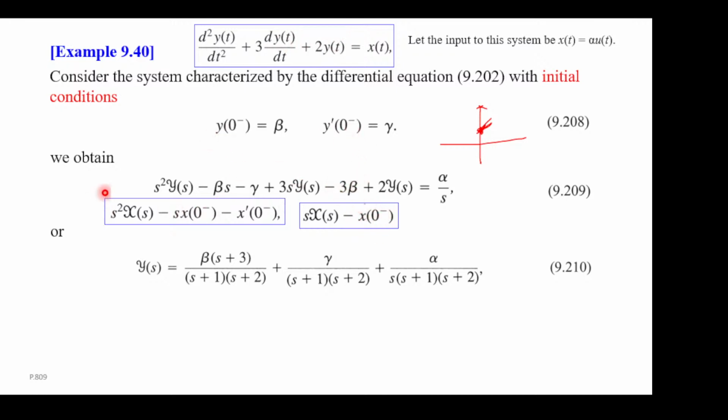And then for the second derivative, you get s squared times big Y, but you also get this beta and gamma term here. Then you can write down big Y, what it is, and then you can do the inverse unilateral Laplace transform to solve your initial value problem. Okay, so that's chapter 9. Any questions for now?